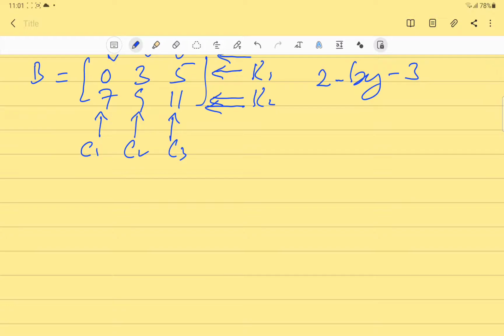Now we know that a matrix has rows and columns, and when we say that this matrix B has order 2 by 3, it means it has 2 rows and 3 columns.